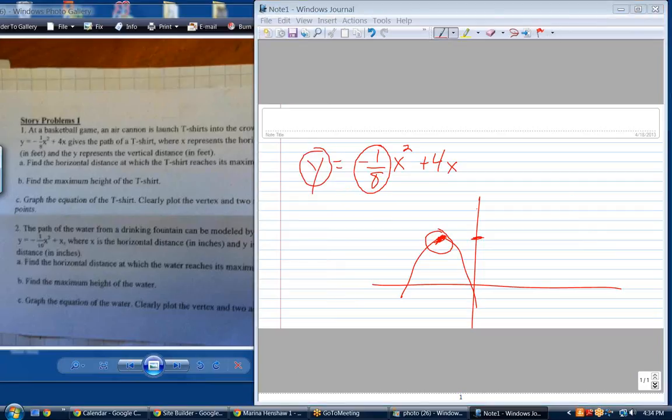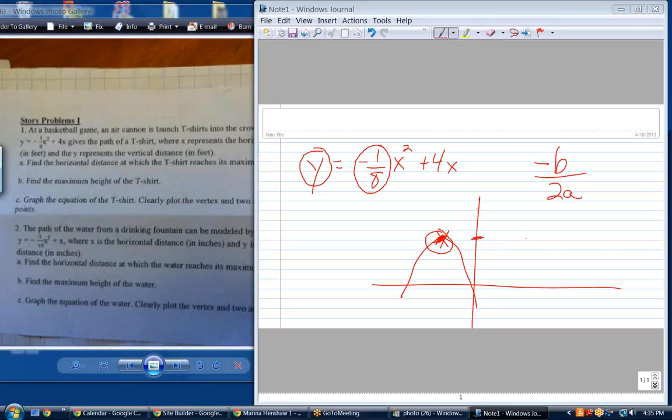Okay. So how are we going to figure out where this point is? By using negative b over 2a. Okay, so what is minus b over 2a? And remember, that's going to give us the x-coordinate, but that's actually what they're asking for, because the horizontal distance is the x value.